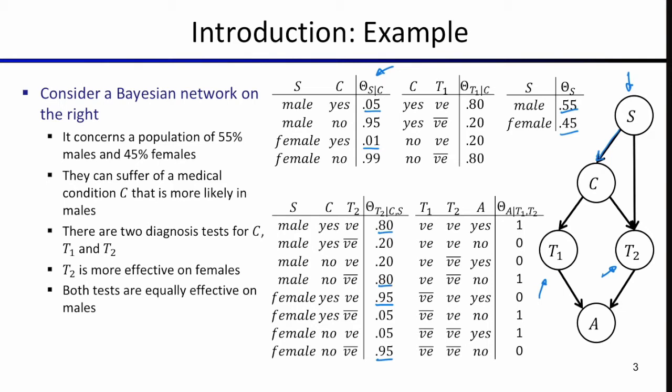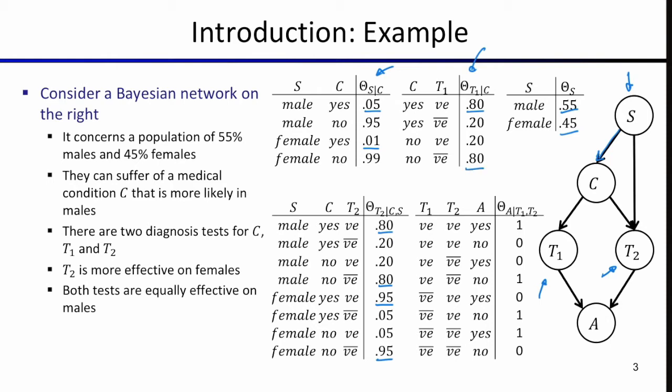The test T2 is equally effective for males and females. We can see that the variable S is not in this conditional probability table, and we have 8% for true positives and 8% for true negatives.